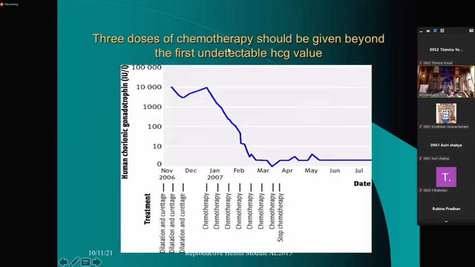Now, if they are responding to your chemotherapy, the HCG levels will keep dropping, and once it stops, it has to remain at a lower level or below the normal detection level.